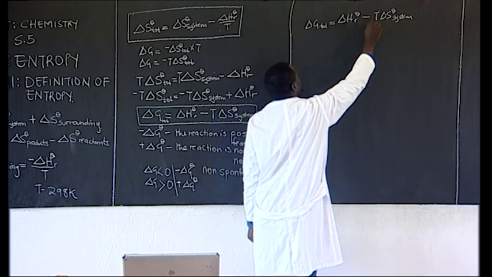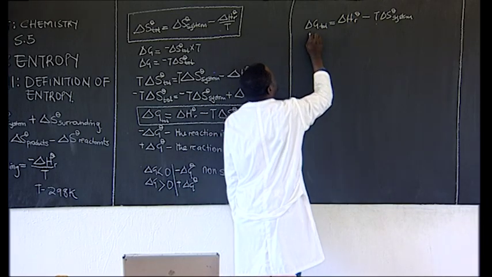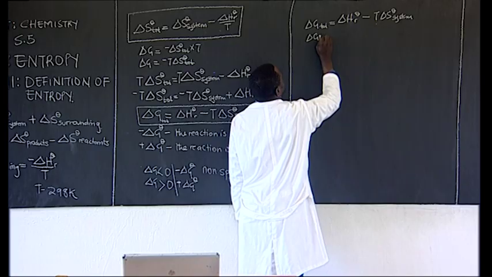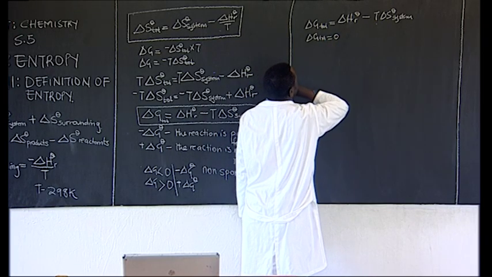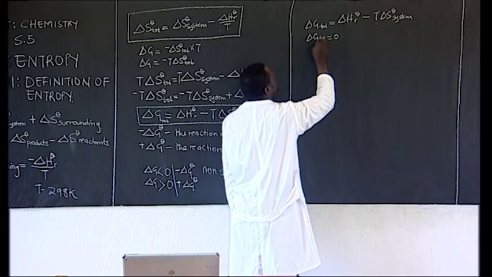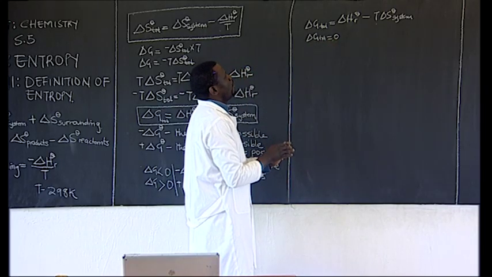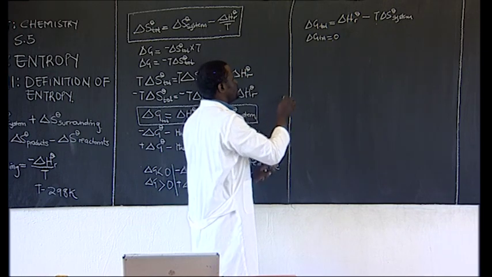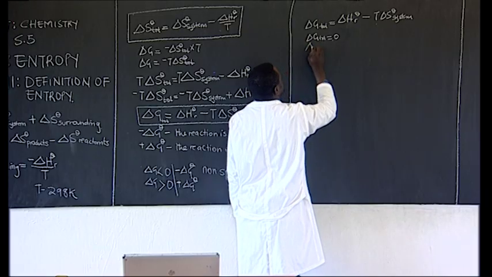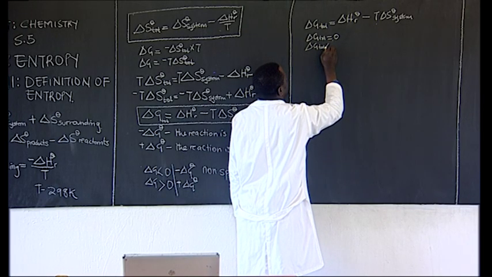If we want to determine the temperature at which our reaction is feasible, we can say delta G at that temperature will be 0. This will be 0, at which the reaction is feasible, or the temperature at which the reaction is possible. So we can say above that the reaction is possible, so we can say delta G should be less than 0.